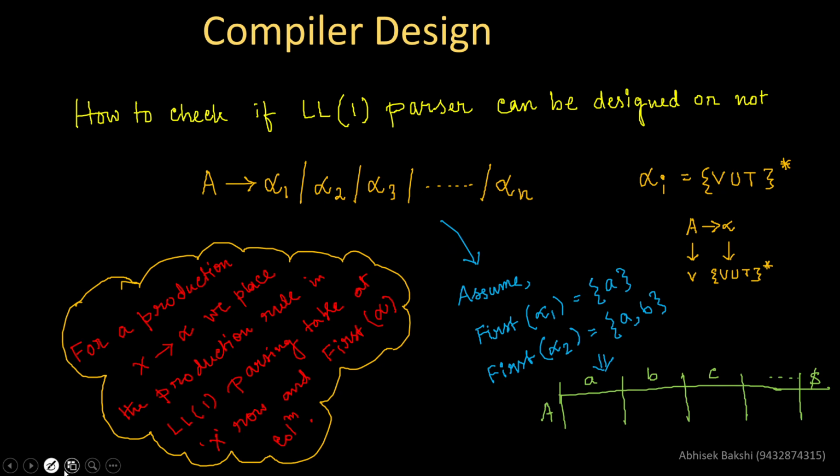Because first of alpha 1 is a, I will put A to alpha 1 over here. But at the same time, because first of alpha 2 is a or b, I will put A to alpha 2 not only in b but also in a.